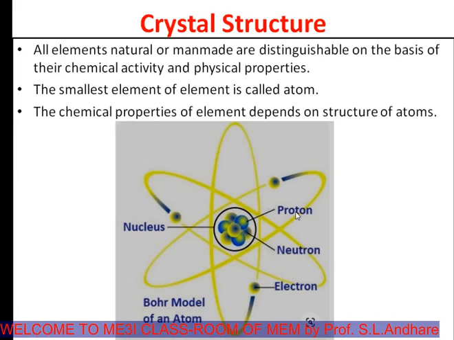Protons are positively charged particles. Neutrons do not have any charge. While electrons, which are negatively charged particles, are orbiting around this nucleus in either circular or elliptical orbits. This is the model. Everybody has already understood this model.